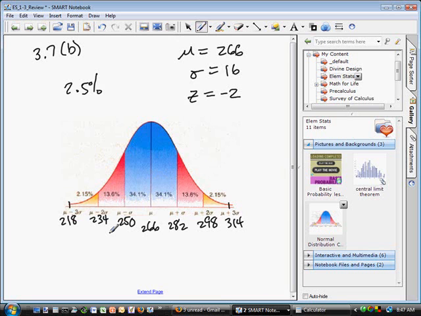So then from 234 to 298 is 95%. So then why is 2.5% less than 234? You mean, why is it not? Okay, 95%.